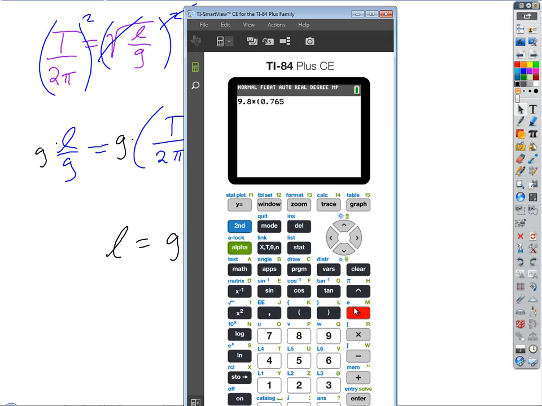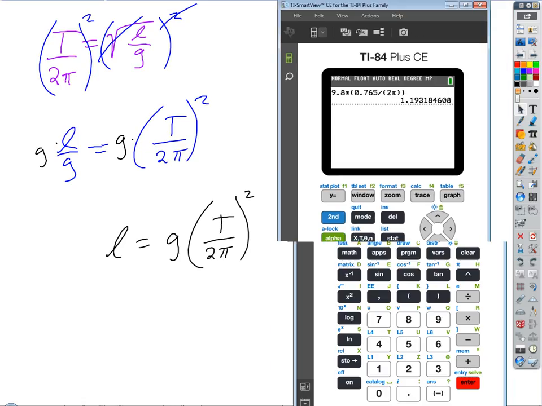If I'm not going to use the fraction template, I need to put the 2 pi in parentheses because they're all in the denominator, so there are implied parentheses there as well. Then I close both sets of parentheses, and we get the answer 1.19.